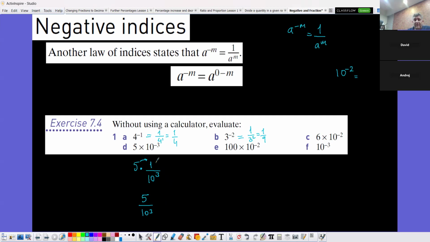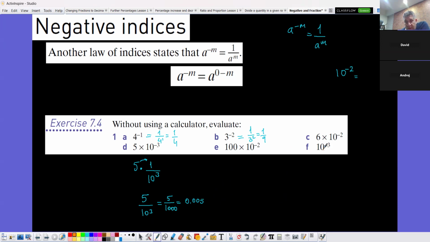And it becomes 5 times 1 over 10 to the power of 3, which is equal to 5 over 1000. And that's equal to 0.005, it has to be. And as I mentioned before, this is easy to calculate. That's why we are doing it like that.